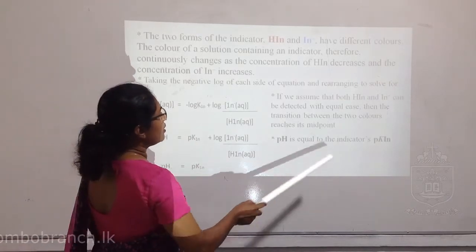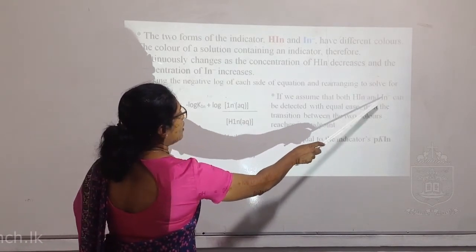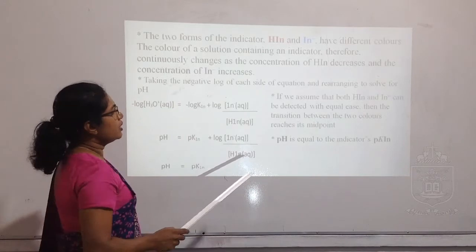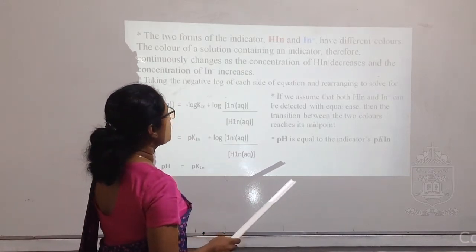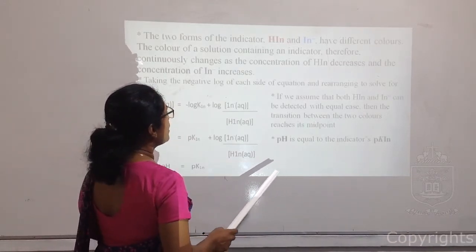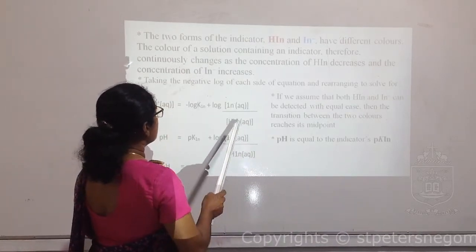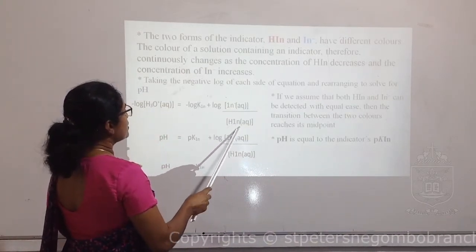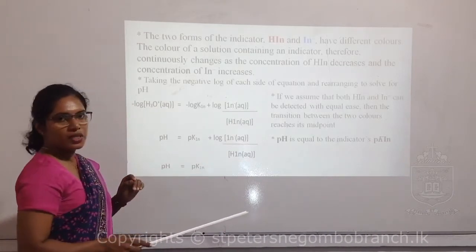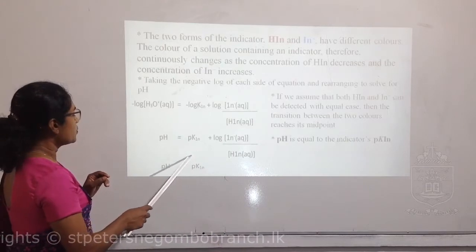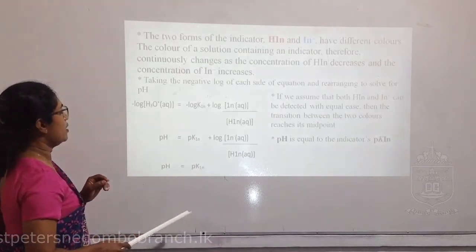If we assume that both HIn and In minus can be detected equally, at that time these two values become equal and pH equals the pKIn value.